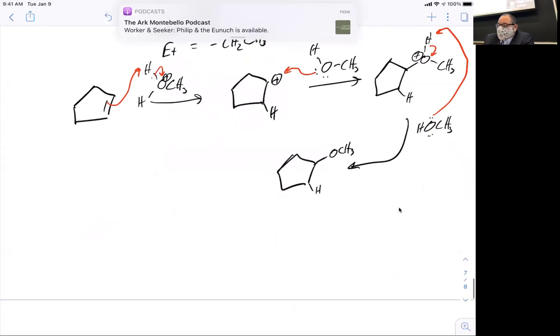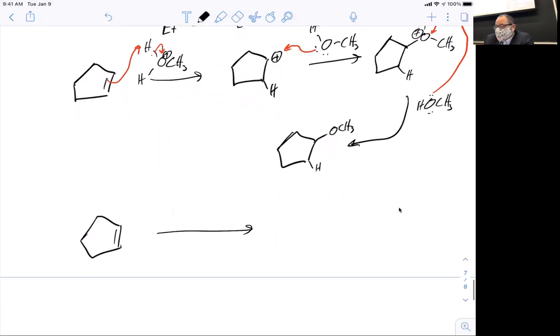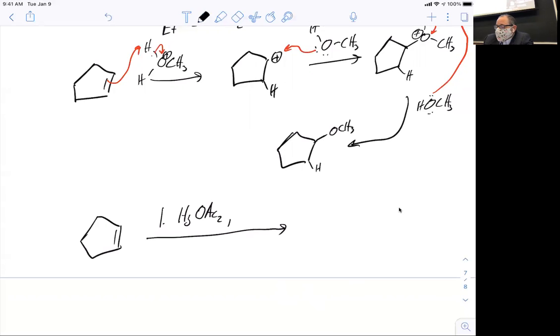Similarly, another one we could be looking at is the oxymercuration demercuration. Remember that in the first step, it's the water that comes in and ring opens that mercury.